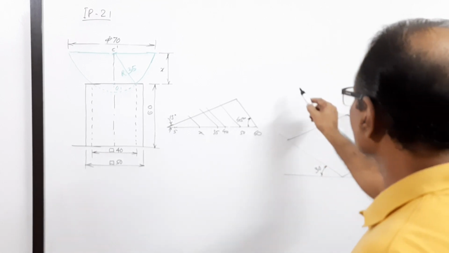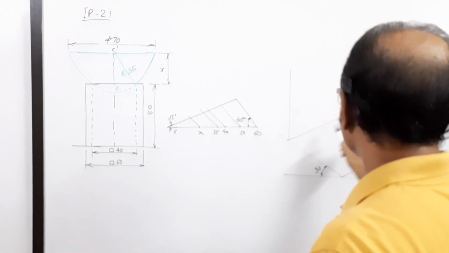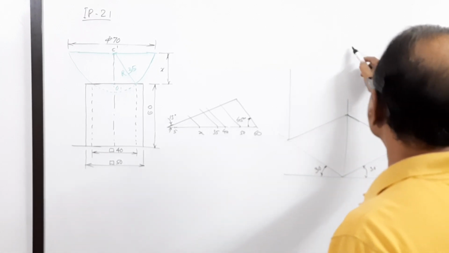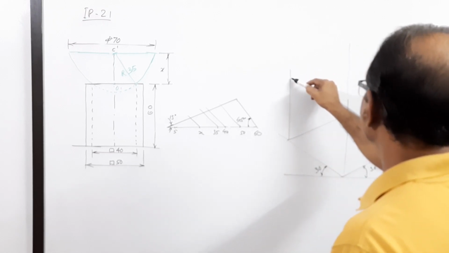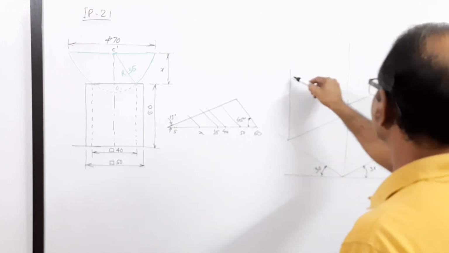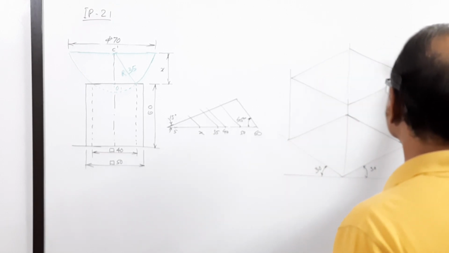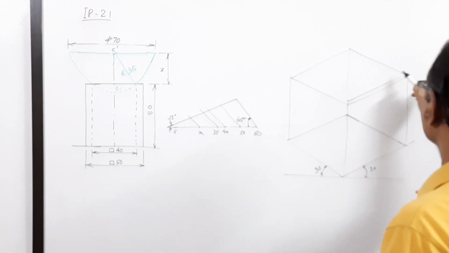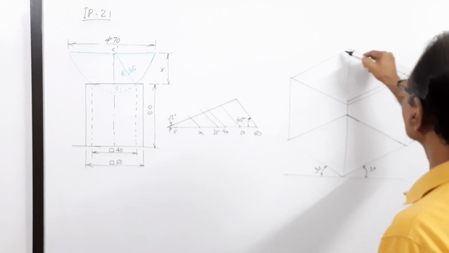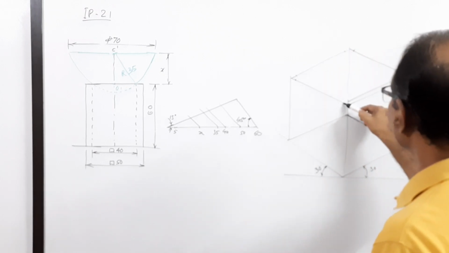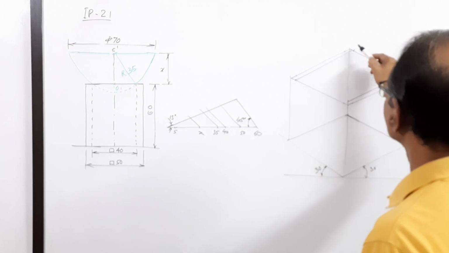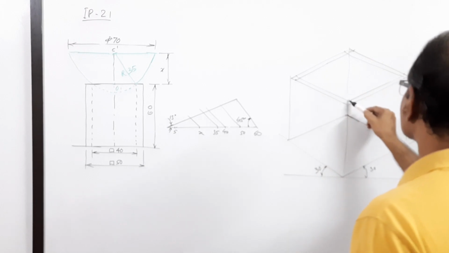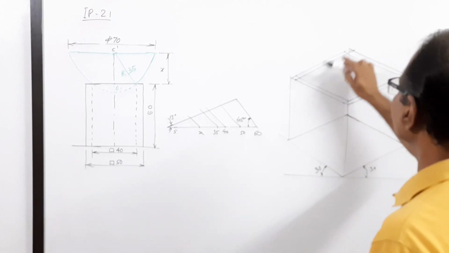From the four corners, measure ISO 60 up. Subtract ISO 5 on all four corners and connect. You have got the inner edge.